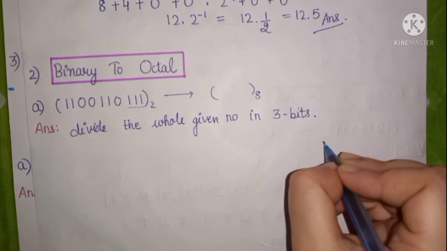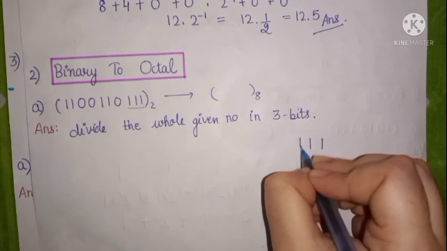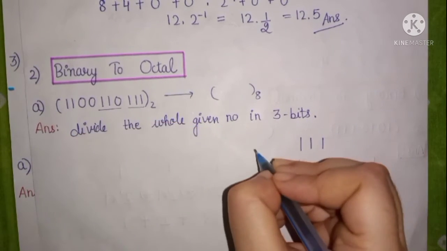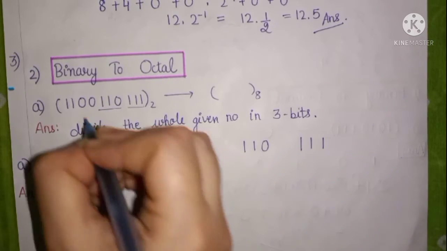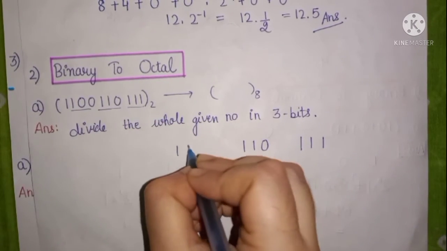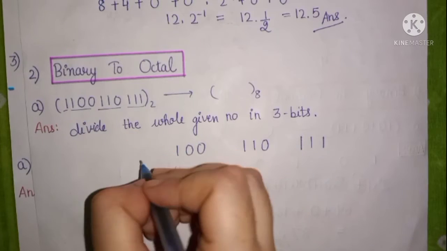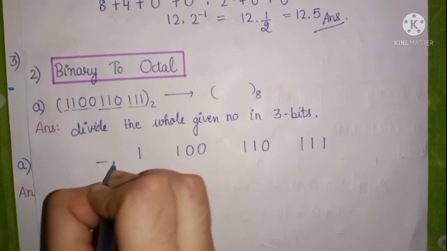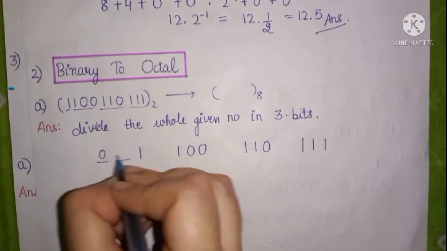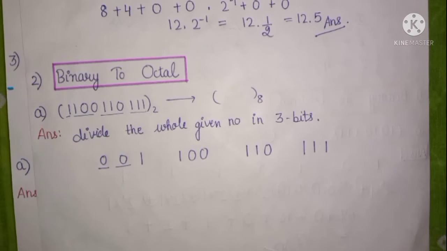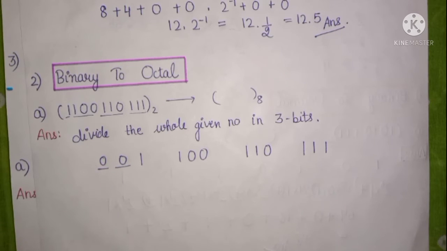So you will write 111, next 3 digits are 110, next 3 are 100. Now 1 is left, so we will write it in front of 100. If nothing is left, then you have to write 00 before the number to complete 3 bits.